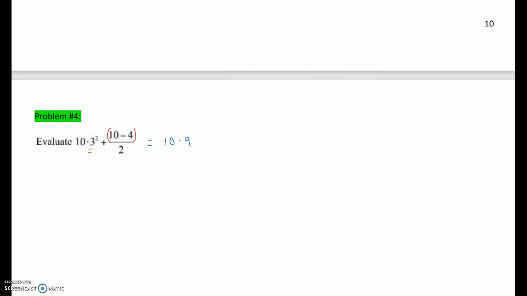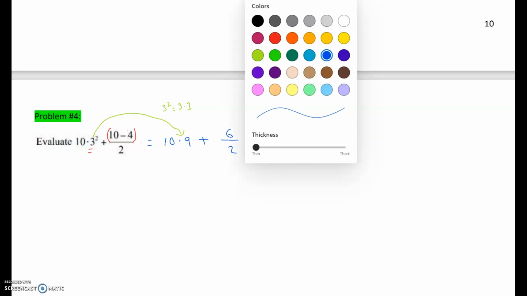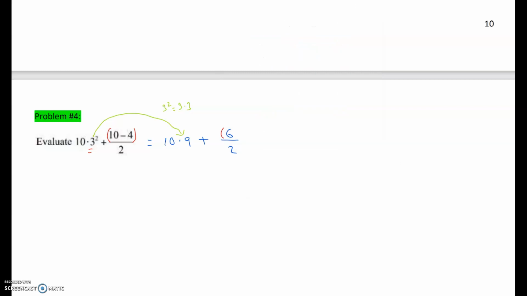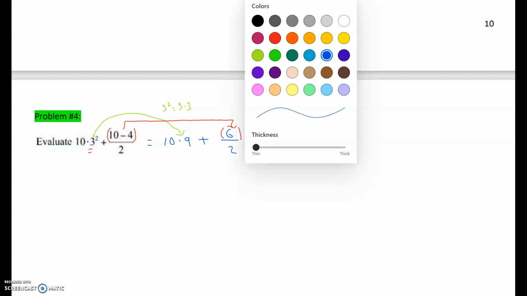I'm just using that 3 to the second is 9, since 3 to the second is 3 times 3. And then plus 10 minus 4 is equal to 6, divided by 2. So technically this step happens to simply be 6.